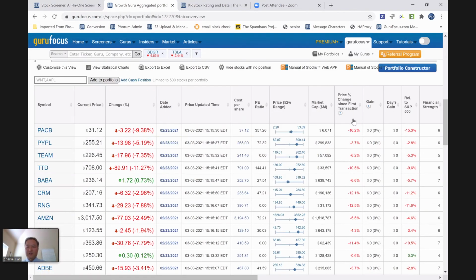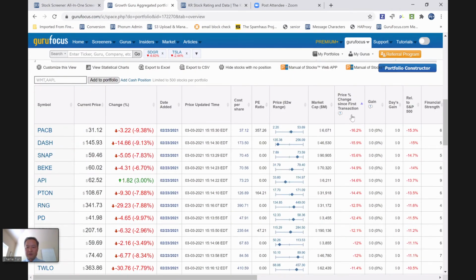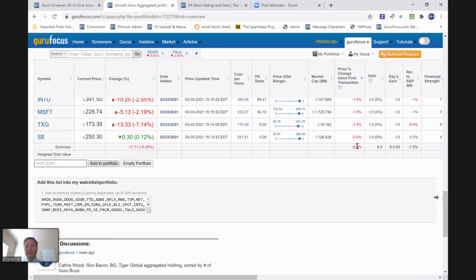Unfortunately, over the past 10 days, those stocks have been doing quite poorly. If I sort by the performance here, since I added them into the portfolio, they have been doing poorly. On average, they have been down 8.5%. The S&P 500 is down only about 1%.